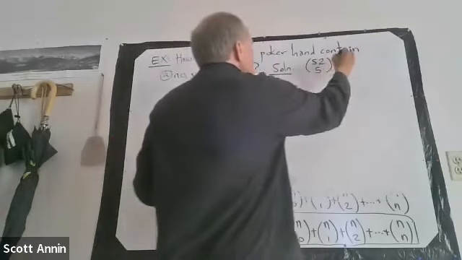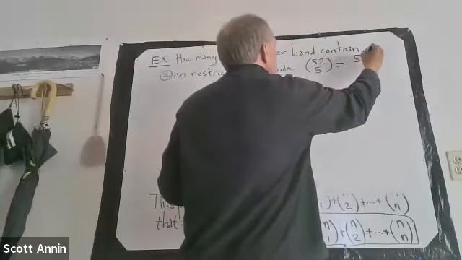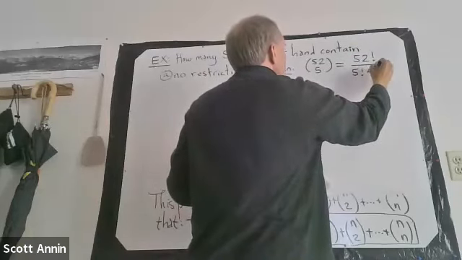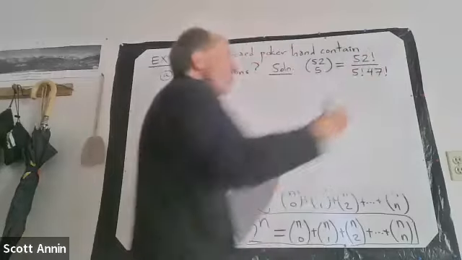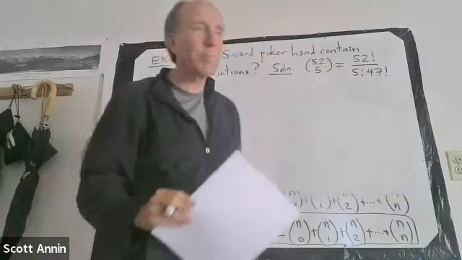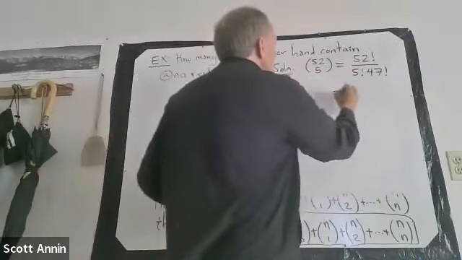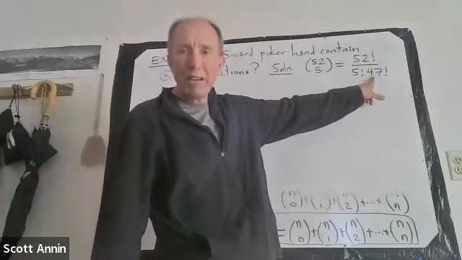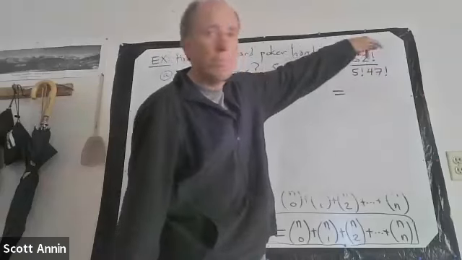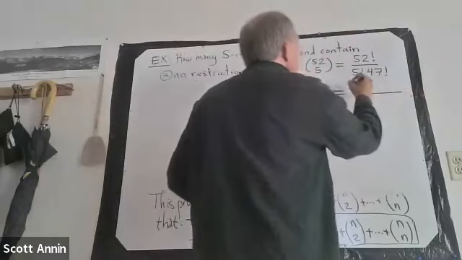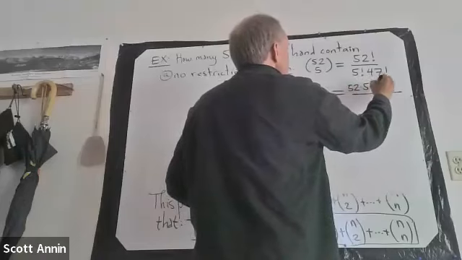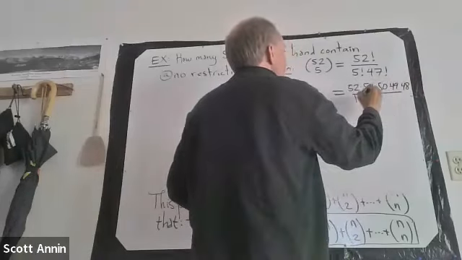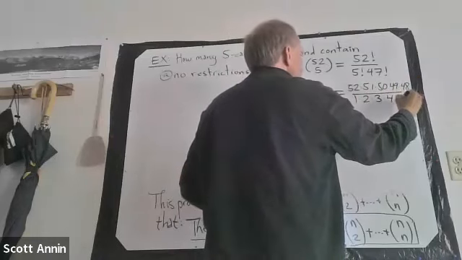In fact, just to point this out, I'm going to write it using factorials for a moment. This would be the formula for n choose k with the appropriate numbers plugged in. You'll notice that you can cancel a lot of these factorials. The bottom has a 47 factorial, which cancels most of the 52 factorial. The only thing that doesn't cancel would be the numbers above 47. And then we have on the bottom the 5 factorial.